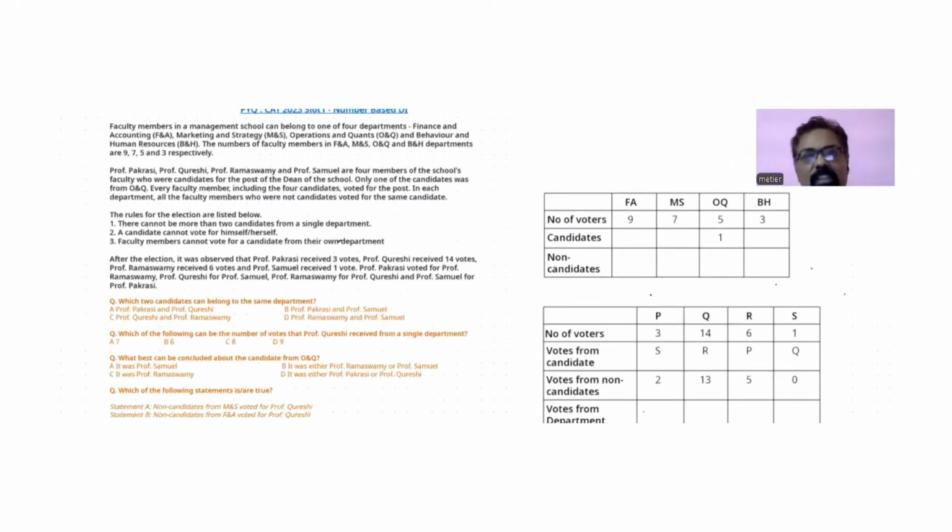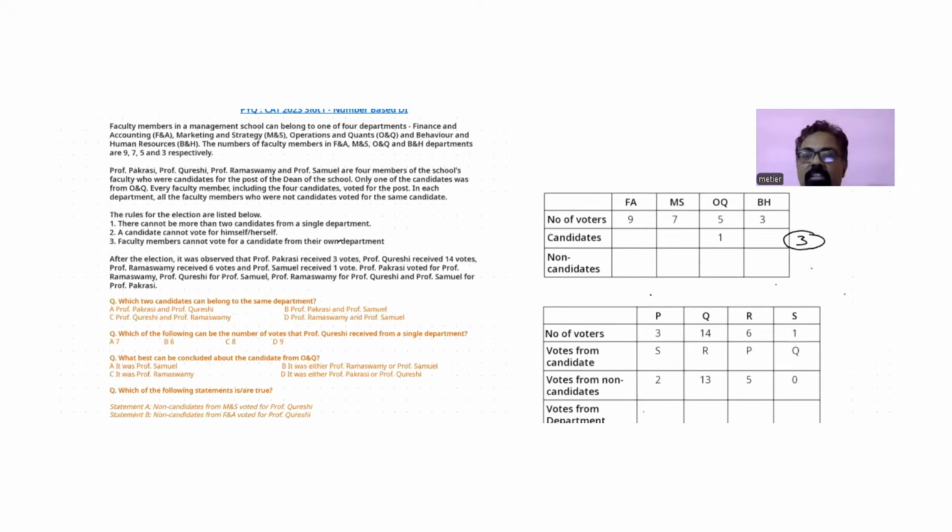Let's go with the first table. There are 9 voters from FA, 7 voters from MS, 5 voters from OQ, and 3 voters from BH. And it is also given in the information that only 1 candidate was there from department OQ. So we need 3 more candidates from 3 different departments, right?